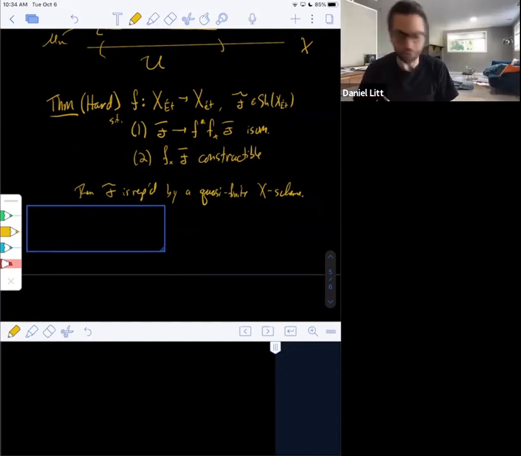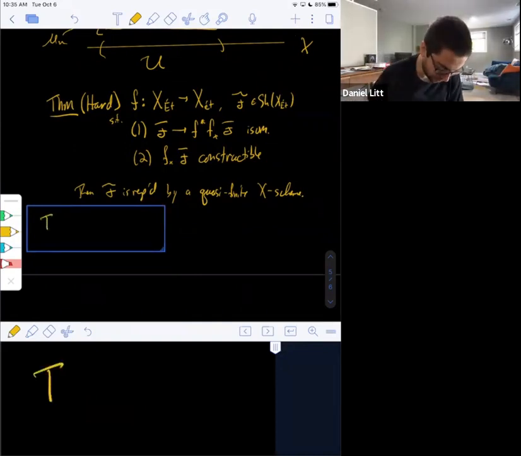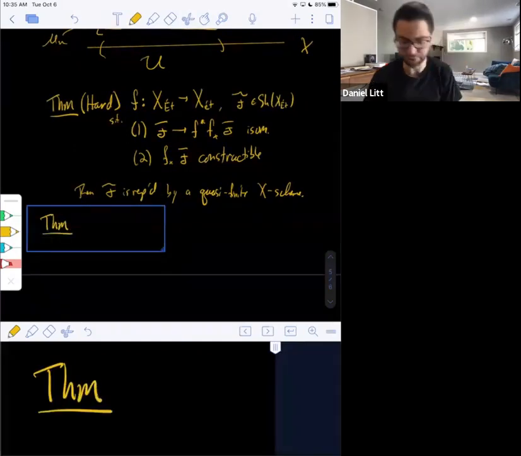All right, so now I want to state the first part of proper base change, which we can state now that we have this definition of constructibility.